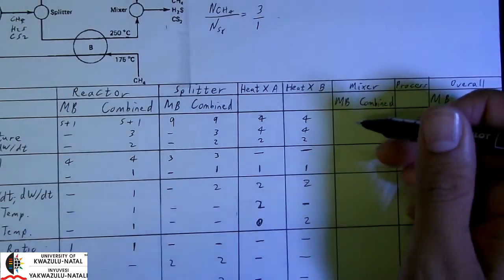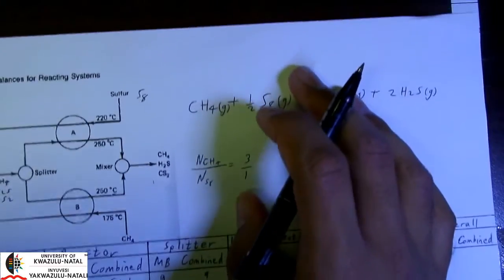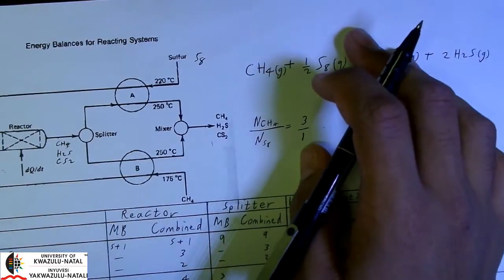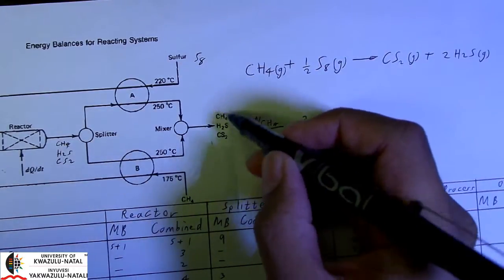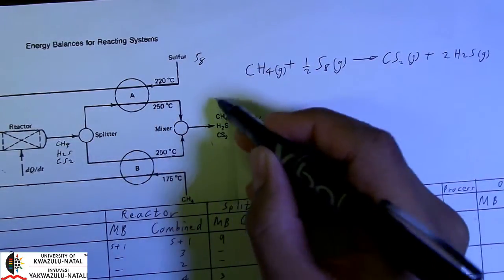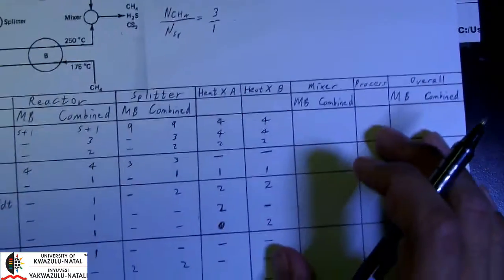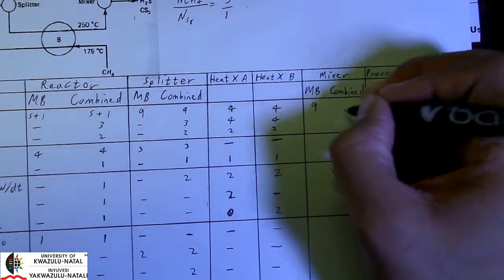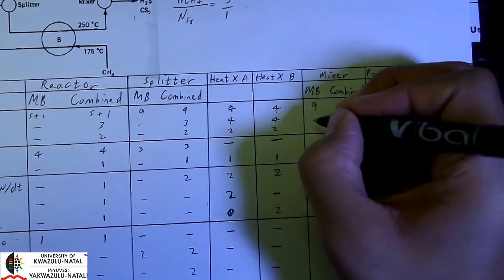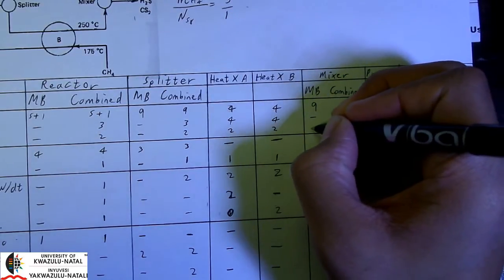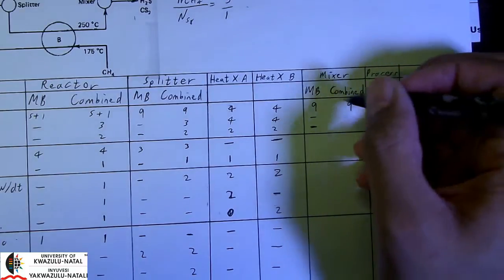Finally, let's look at our mixer. We have 3 streams and 3 variables for each one, so that will give us 9 stream variables. In terms of our temperature, we ignore that for material balancing.